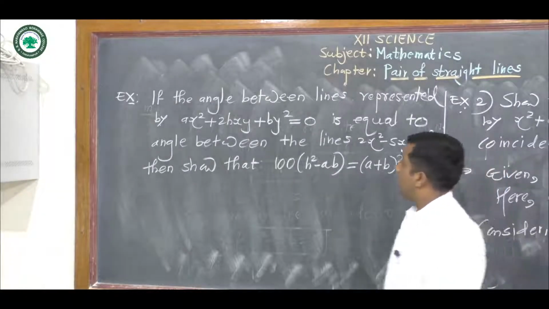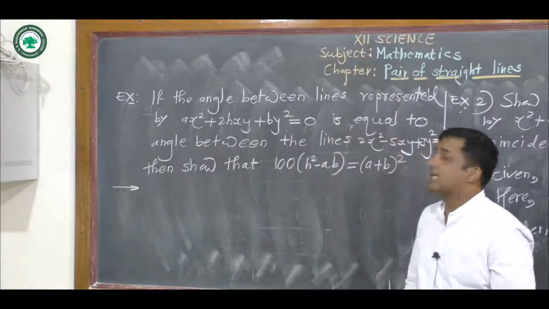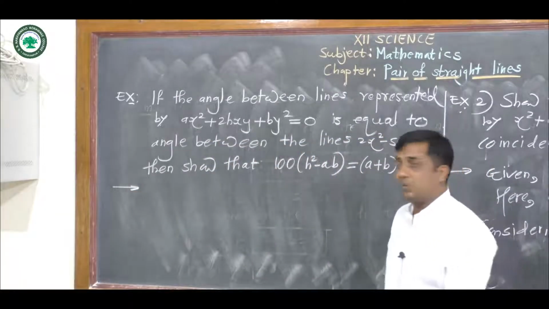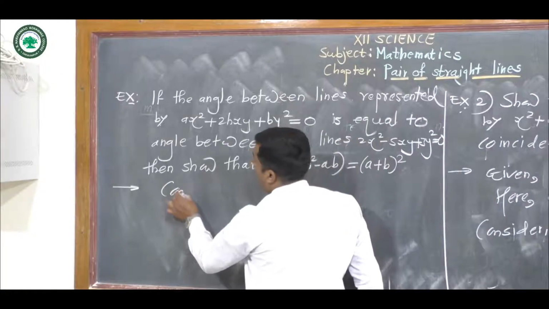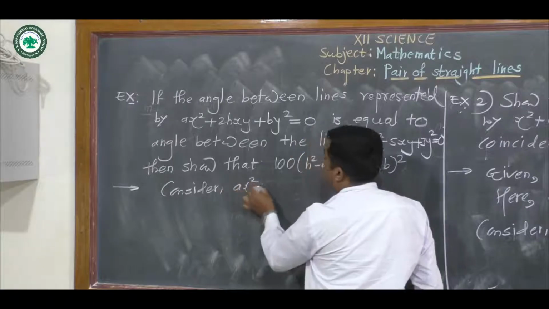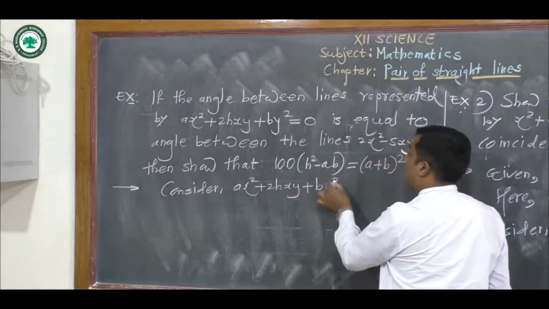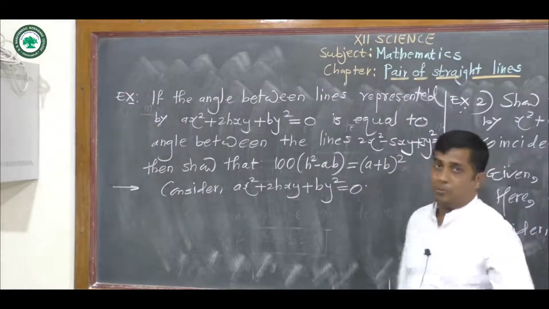Okay, so we go with our first line. Let us consider our first line, ax square plus 2hxy plus by square is equal to 0.